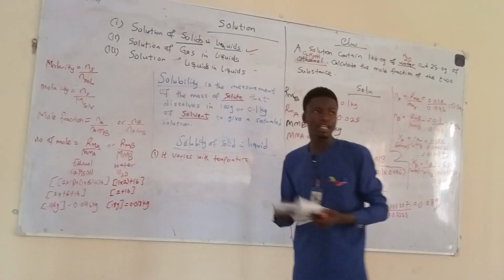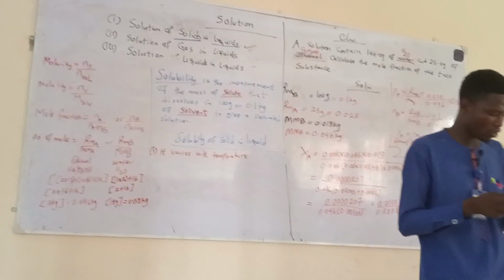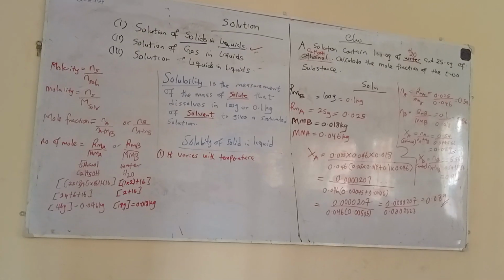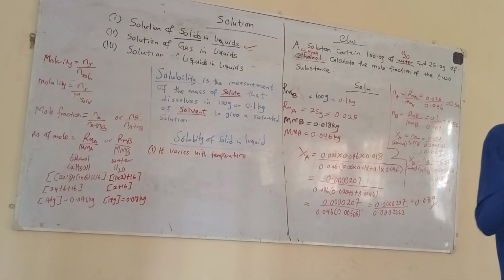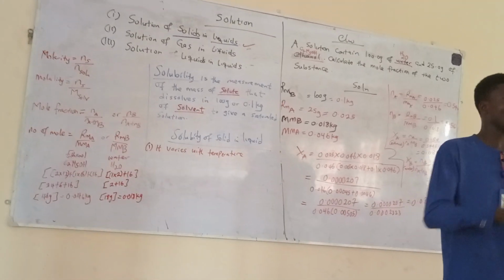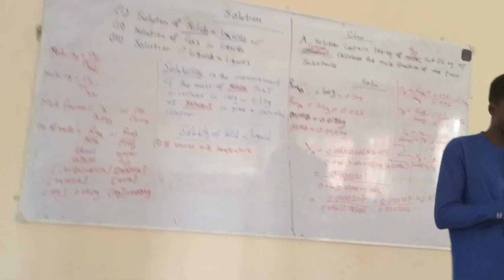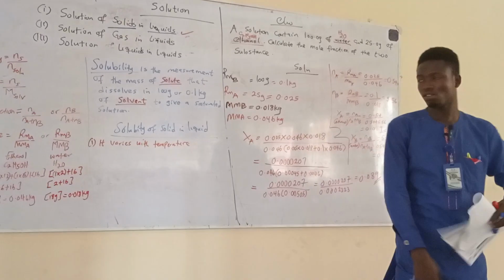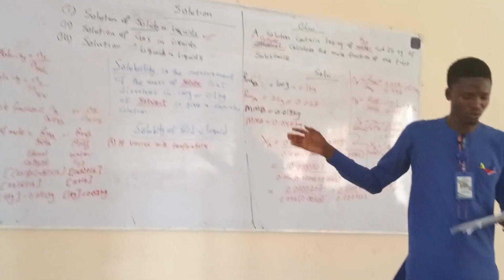Solubility curve is the curve of solubility against temperature. That's another point to note. Please just write it somewhere. Don't write it under here, but if you have written it under there, no worry, just leave it.